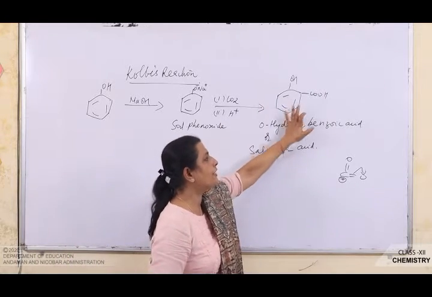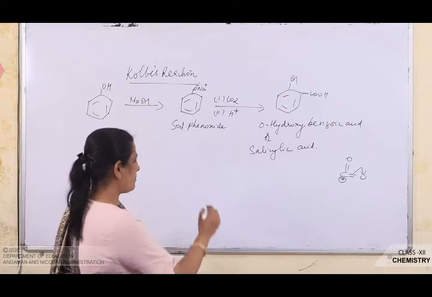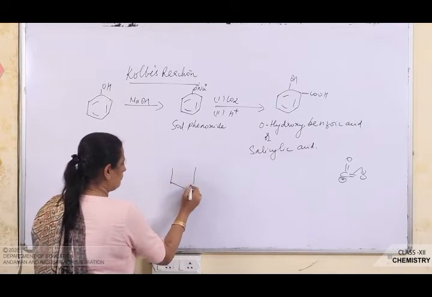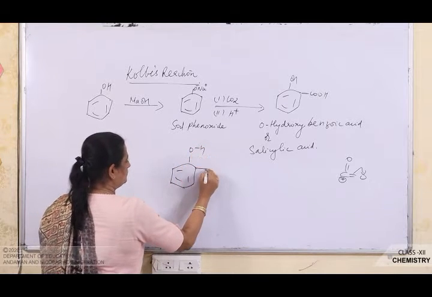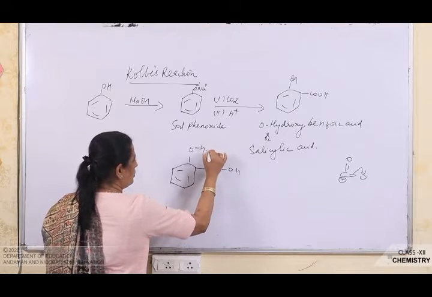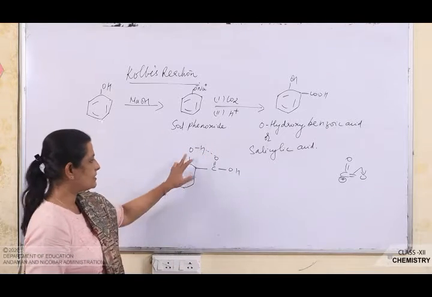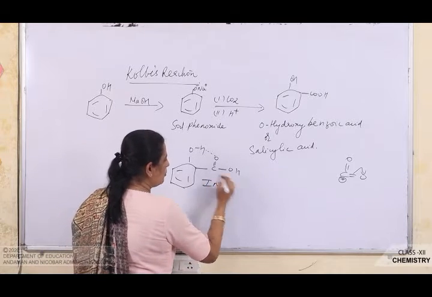Why is ortho hydroxy benzoic acid, or salicylic acid, formed? Here you see, in this compound what is possible is hydrogen bonding. That is, this type of hydrogen bonding is known as what? Within the molecule the hydrogen bonding is taking place.